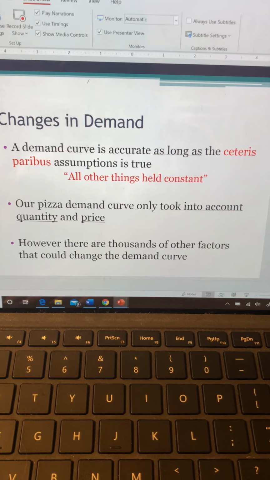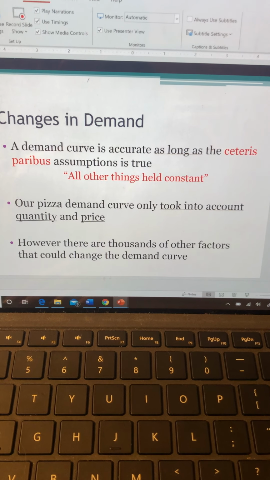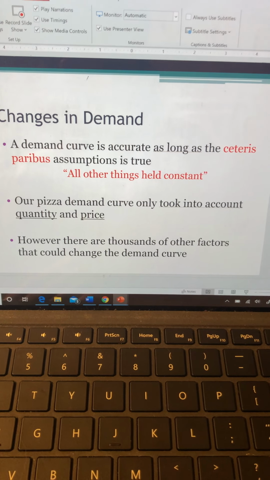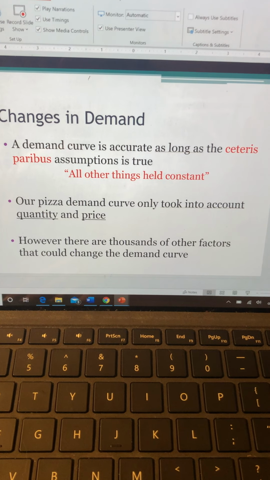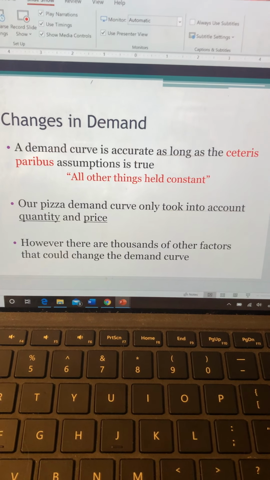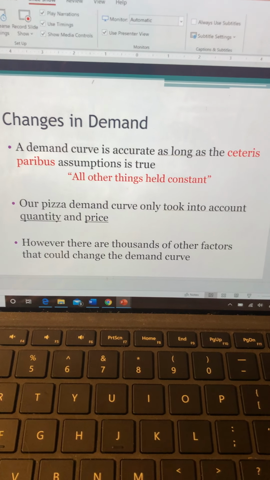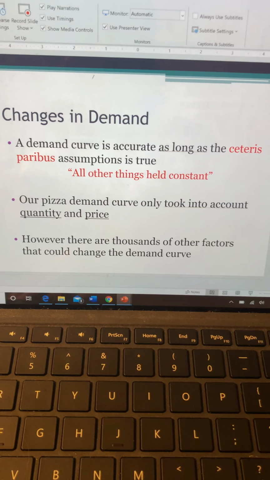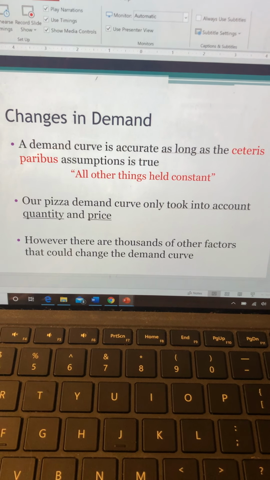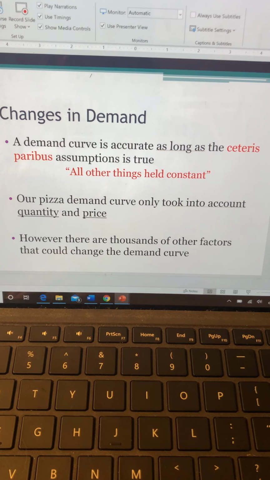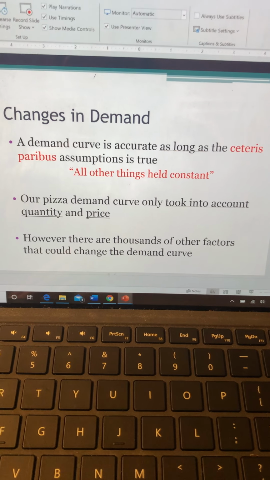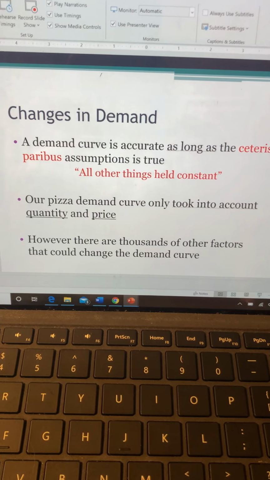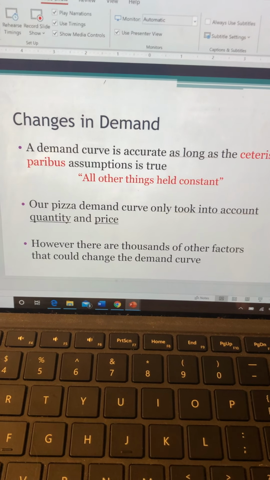When you think back to the chart we looked at for individual demand and market demand, that demand for pizza, each slice at $1, $2, $3, up to $6, only took into account quantity and price. But let's face it, there are thousands of other factors that could change the demand curve. So in this lesson, we're going to go through some of the things that could do just that.